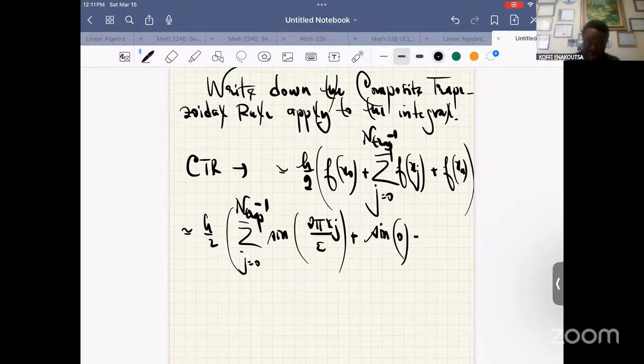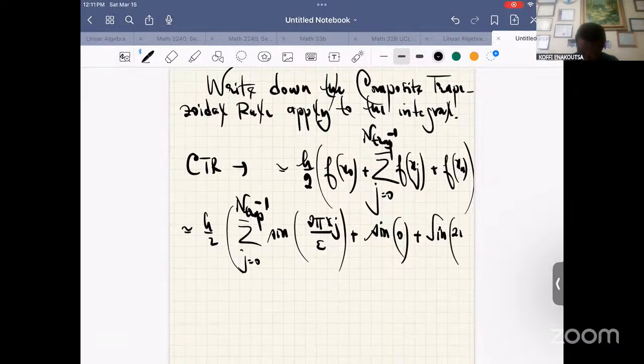So plus the sine of 2 pi with the last x, which is 1, divided by epsilon, and then we can close the big bracket.